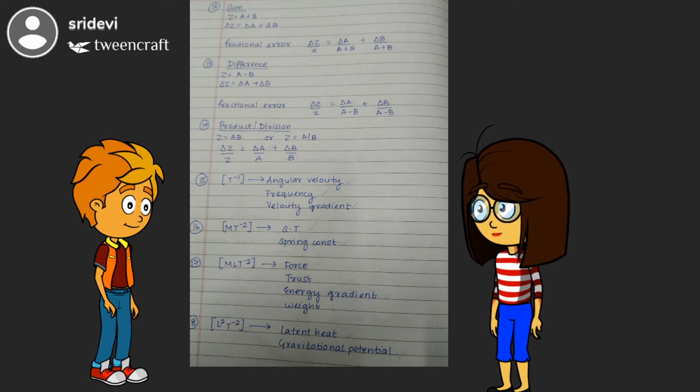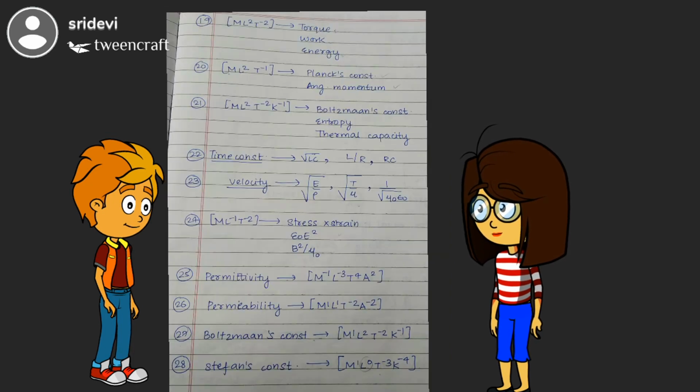Latent heat and gravitational potential have dimension L square T to the power minus 2. Torque, work and energy have dimension M L square T to the power minus 2. Planck's constant and angular momentum have the dimension M L square T to the power minus 1.